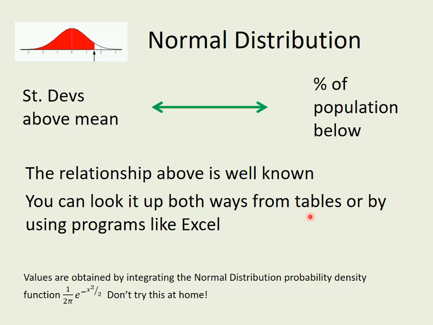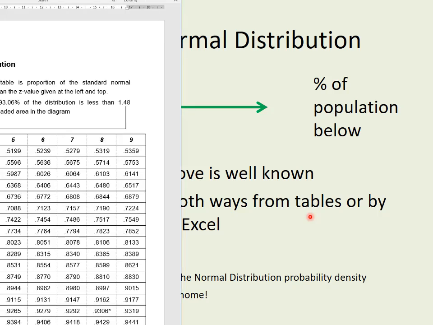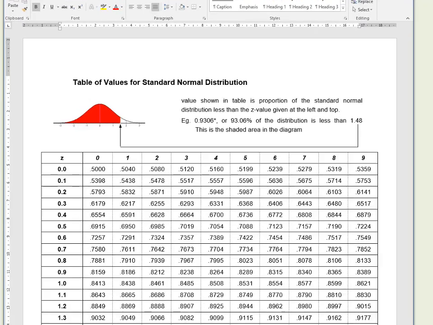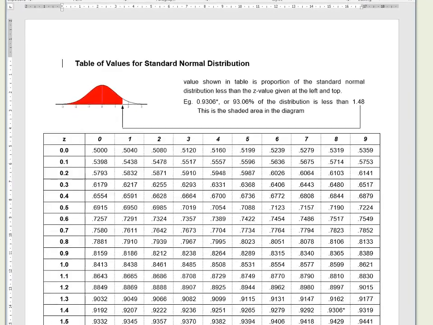At which point, if it's a physical class, it's like a ritual. At this point I have to hand everybody in the class, it's almost a law, a copy of your statistics tables. So here are statistics tables. What you look up here is what's called Z. This number is called Z, and it's the number of standard deviations you are above the 0.